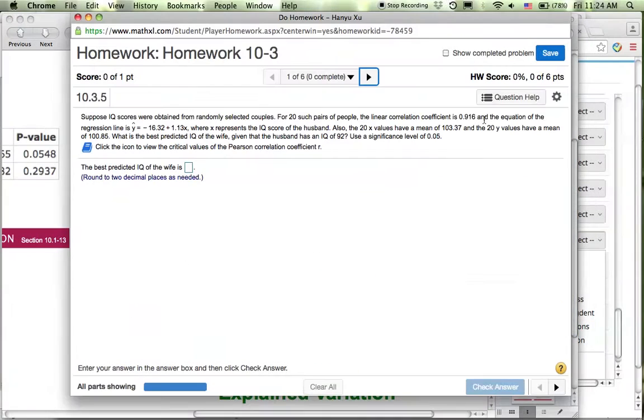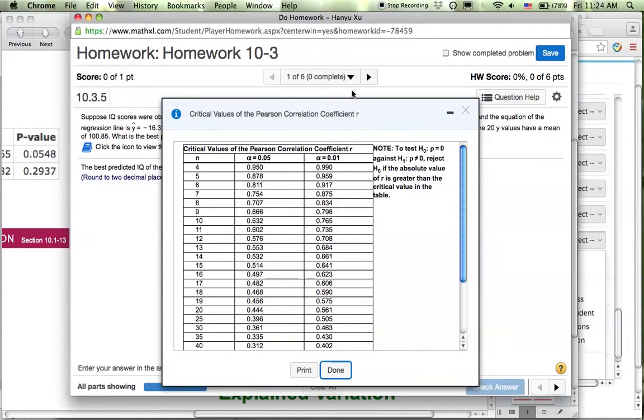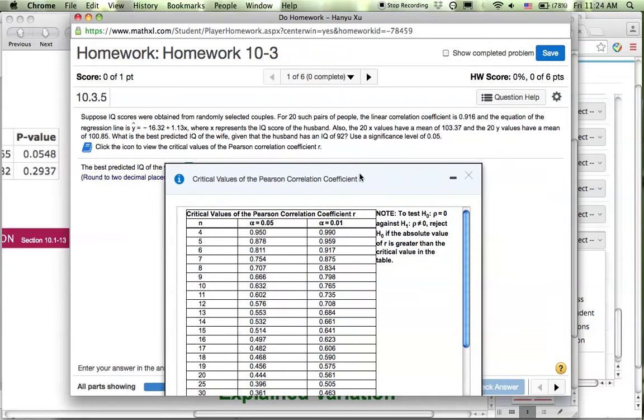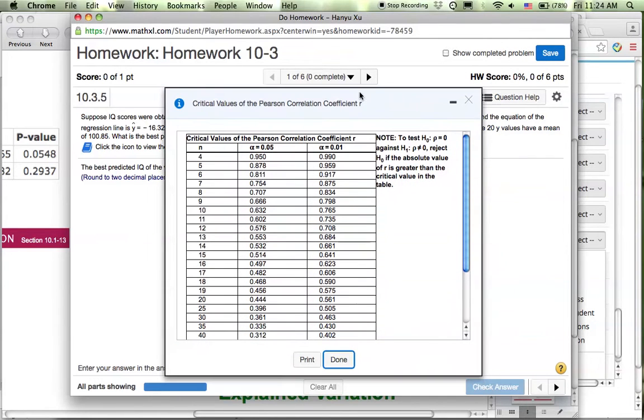Okay, so this is the strategy. For the first question, you know your little r is 0.916. And you want to check the table. So here the sample size is 20. Alpha is equal to 0.05. If you go to 20, alpha equal to 0.05, you can see the critical value is 0.444.